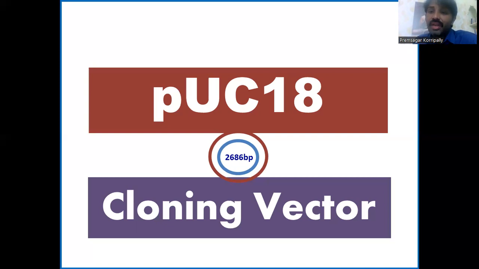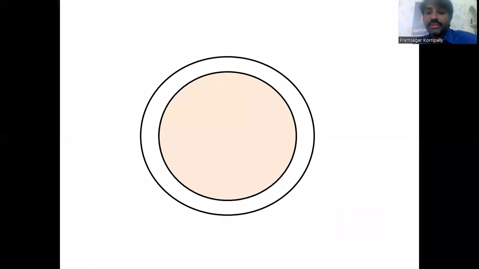In this lecture, I'm going to talk about the features or elements of pUC18 and their functions, and what the advantages of pUC18 as a cloning vector are over pBR322, which we discussed in the previous lecture. All right, let's move to the elements of pUC18.